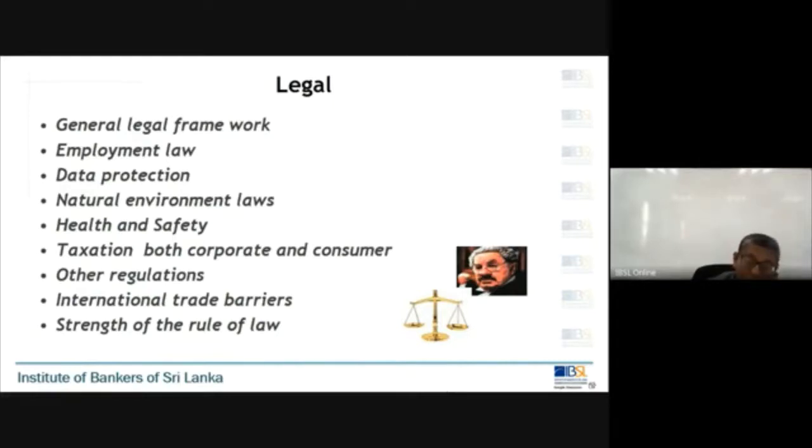We need to look at the legal environment to strengthen our business environment. So therefore we need to take care about the legal. Say we are not a bank, but we think about a guy involved in manufacturing polythene. Now some suggestion came, stop polythene. So the entire strategy plan is going to collapse.